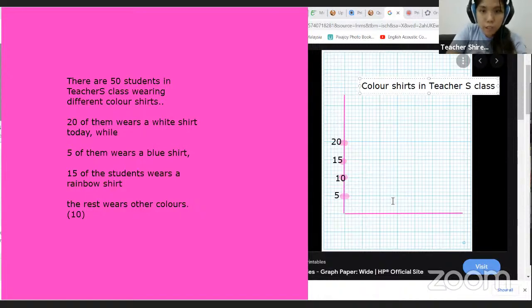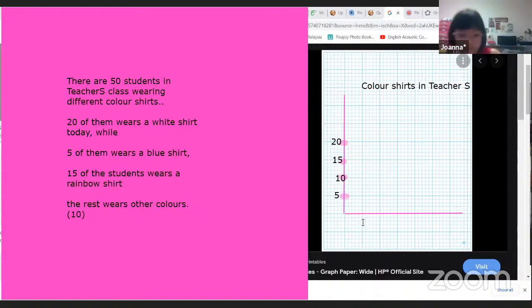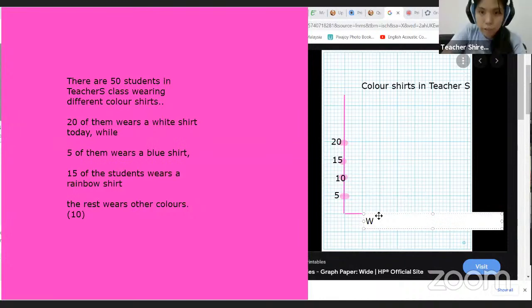Okay, so here Color. You write white. Here you write blue. Okay, this is pretty much like how you did it yesterday, Joanna. Yesterday I said you need spacing, but today no need because it's line.